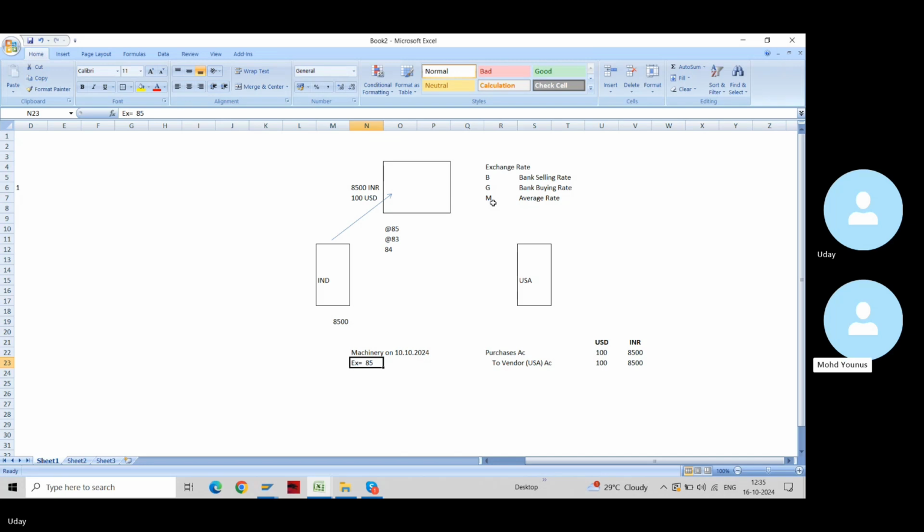Now, if I'm making the payment on the same day, on 10th October itself, what is my entry?